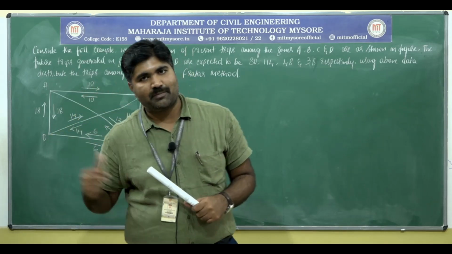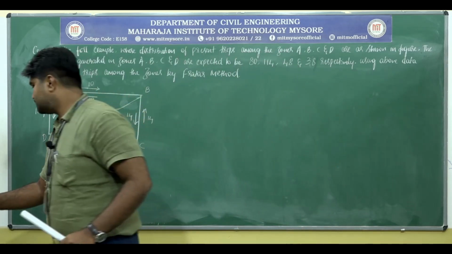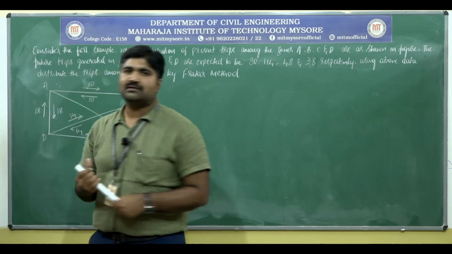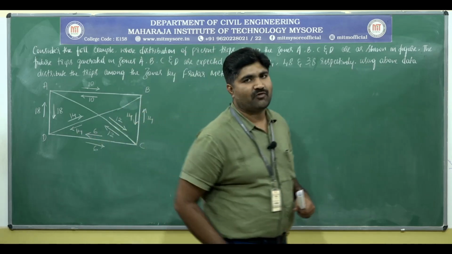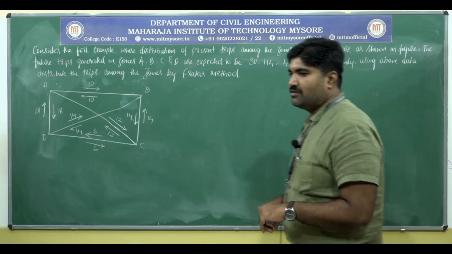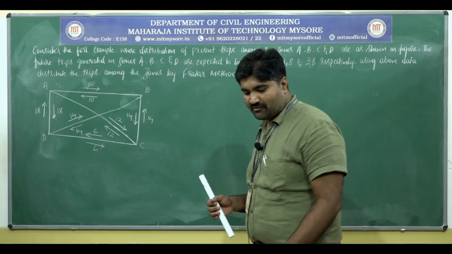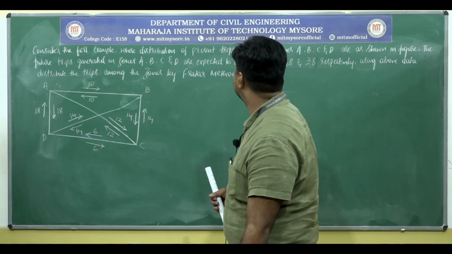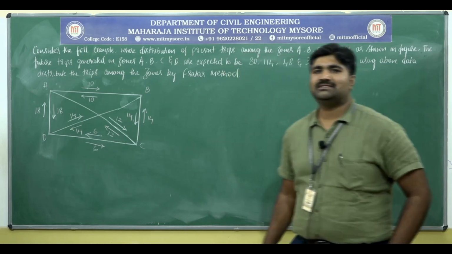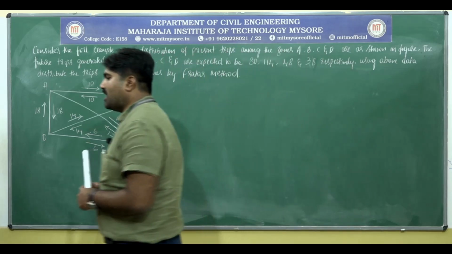Please take down this question, copy this down. Consider the following example, where the distribution of present trips among the zones A, B, C and D is as shown in the figure.